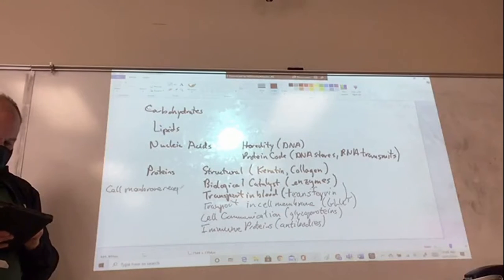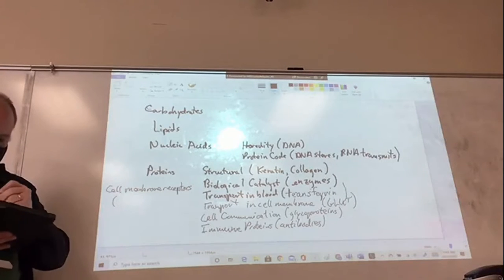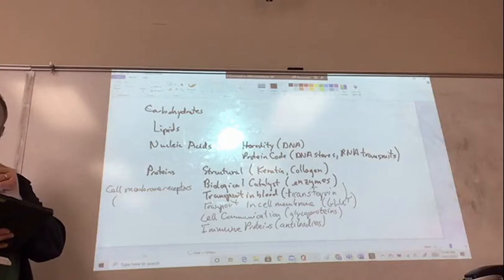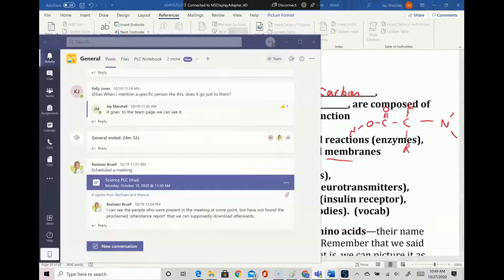Cell membrane receptors and, I forgot what we said for those. Is it insulin receptor? Okay, that would be an example.